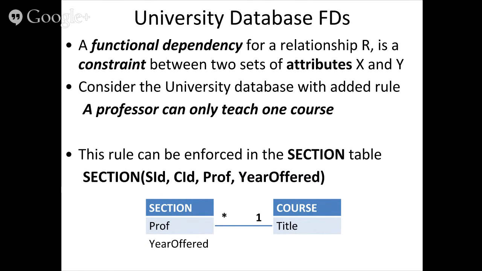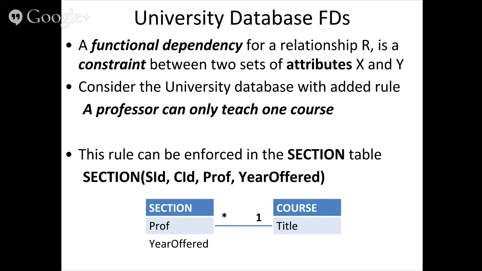Before we didn't have this dependency, because a professor could teach any course. So if you knew the professor, you really didn't know what they were teaching unless you navigated to other tables and joined them. But now, because of this new rule, our perfect database that we had originally has a functional dependency. If we know one, we know the other.